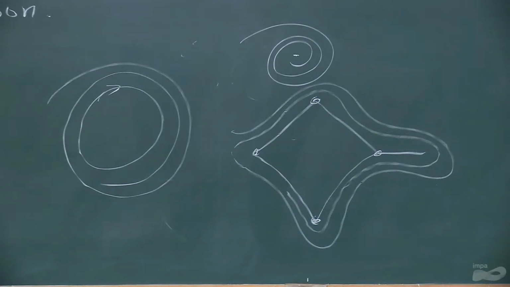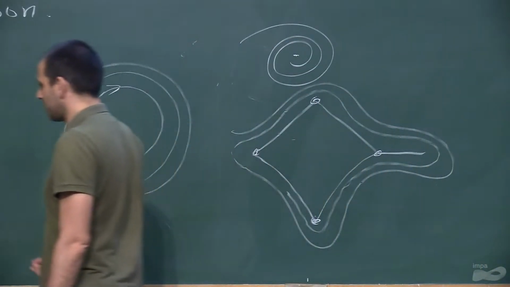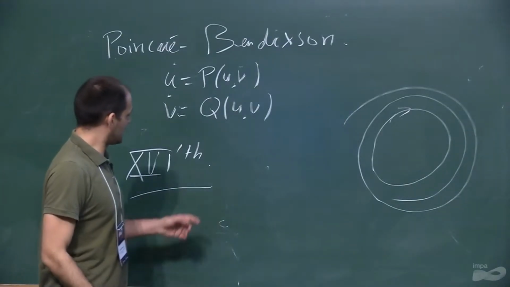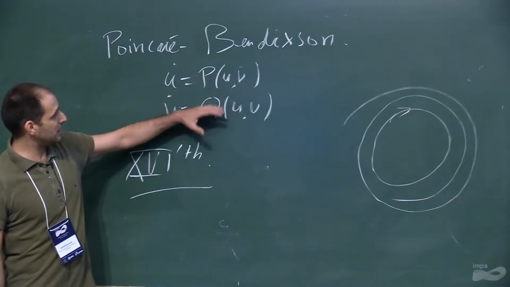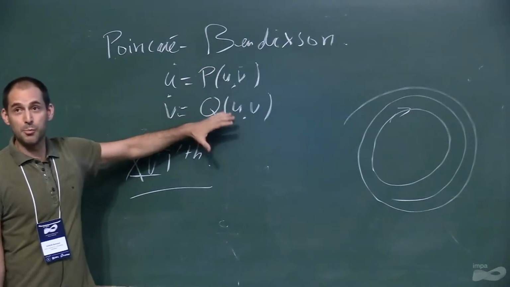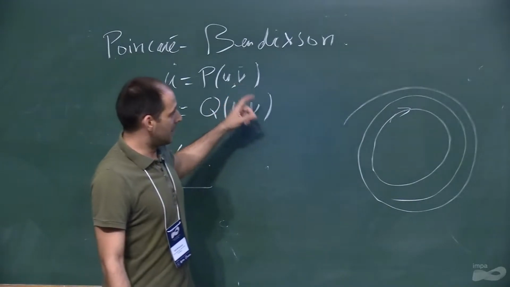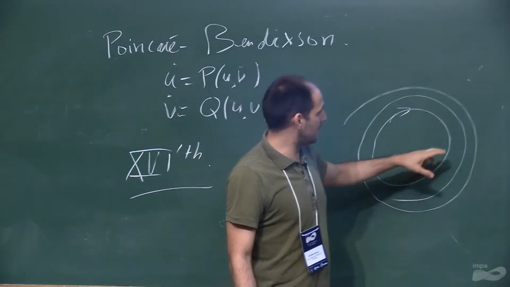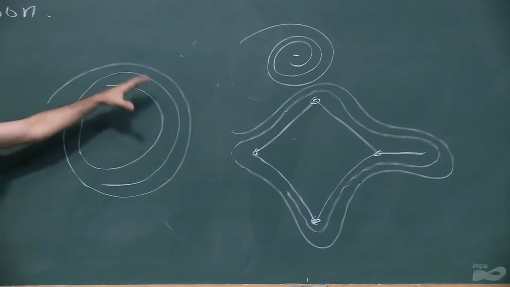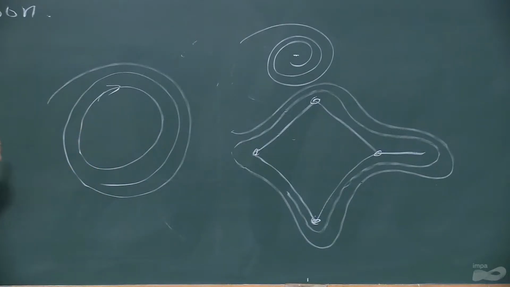Let me just mention that there are plenty of open questions still on this question, which are related to the 16th Hilbert problem, which asks, if P and Q are polynomials of degree D, say degree 2 polynomials, we don't know the answer. So the question is, what are the positions of the limit cycles on the plane that you can see for such differential equations?